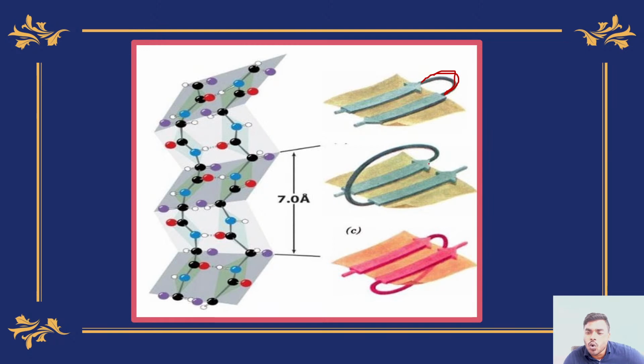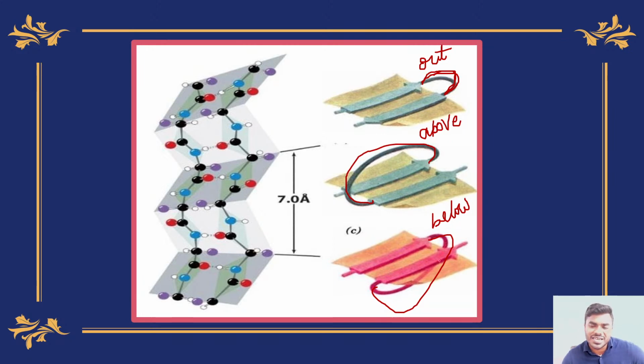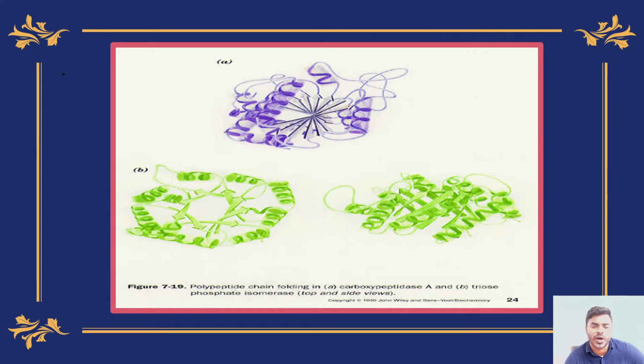The turn can move above the sheet, the turn can move below the sheet, and the turn can move out of the sheet also. However the direction they are moving, it doesn't matter, friends. The turns basically will be helpful to the strands to move either in the parallel direction or the anti-parallel direction on the beta sheets. Don't get confused with this particular point.